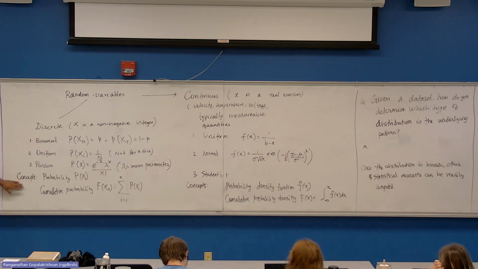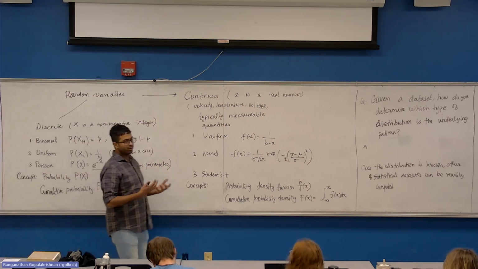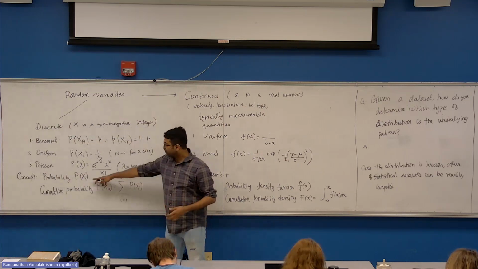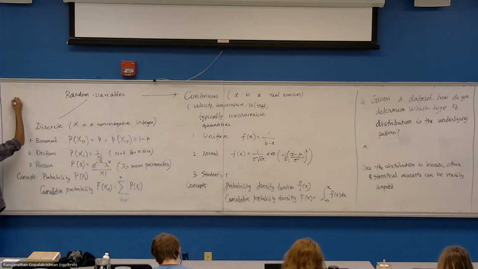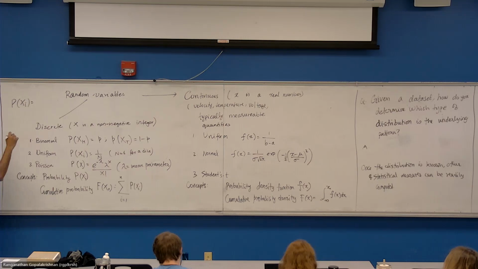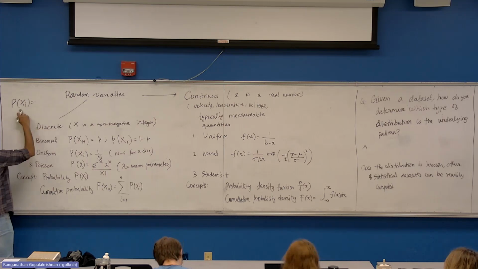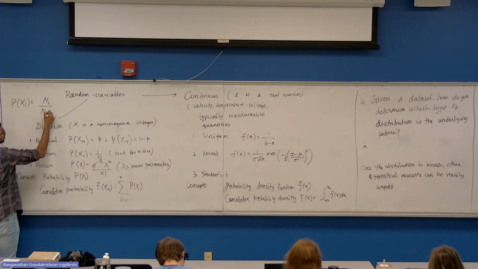We also saw the concept of probability. Can you tell me what the probability of a certain event occurring is? How will you define it? What is P of xi? How do you calculate P of xi? It is the number of outcomes favorable to that event divided by the total number of outcomes.